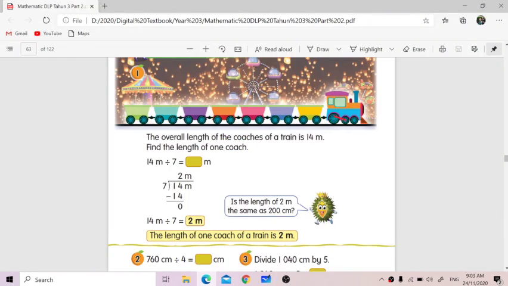Okay, so today our objective is to learn about division involving length, mass, and also volume of liquid. Everything today we're going to talk about division.